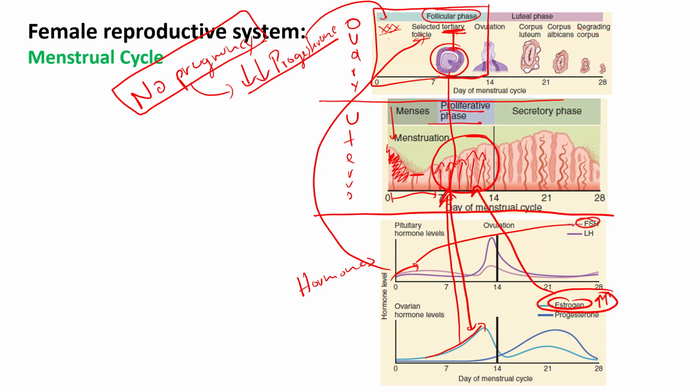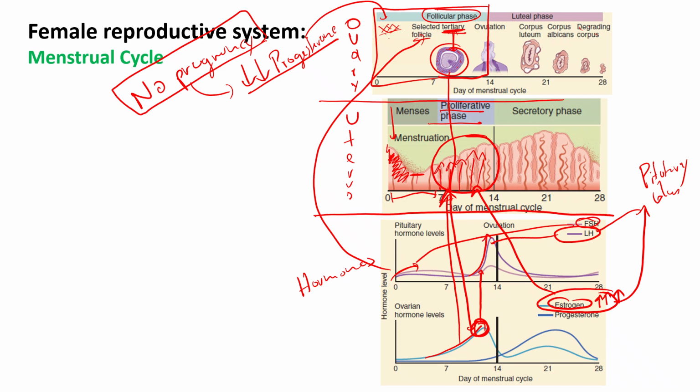But this amount of estrogen also triggers, in the pituitary gland, the release and production of LH. You can see here that once estrogen increases, the LH also peaks.